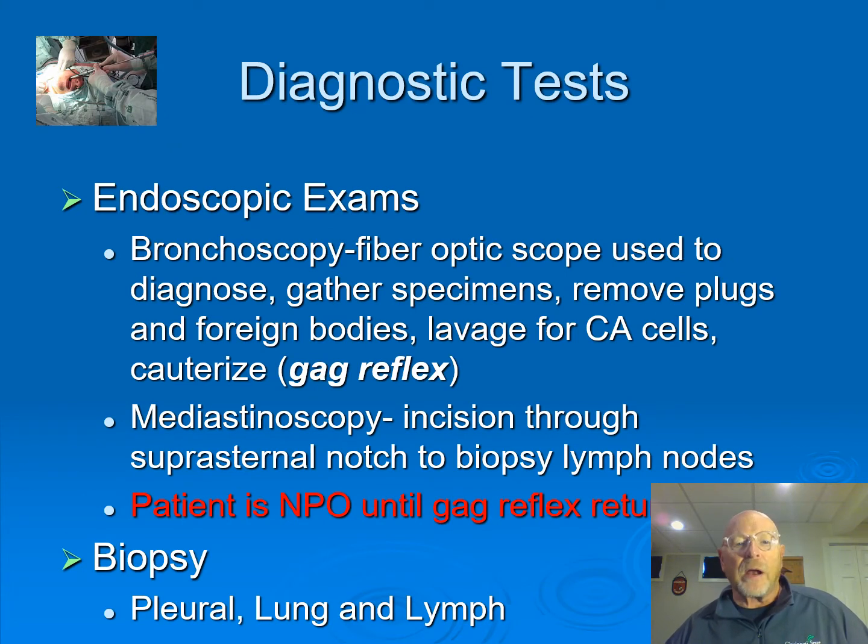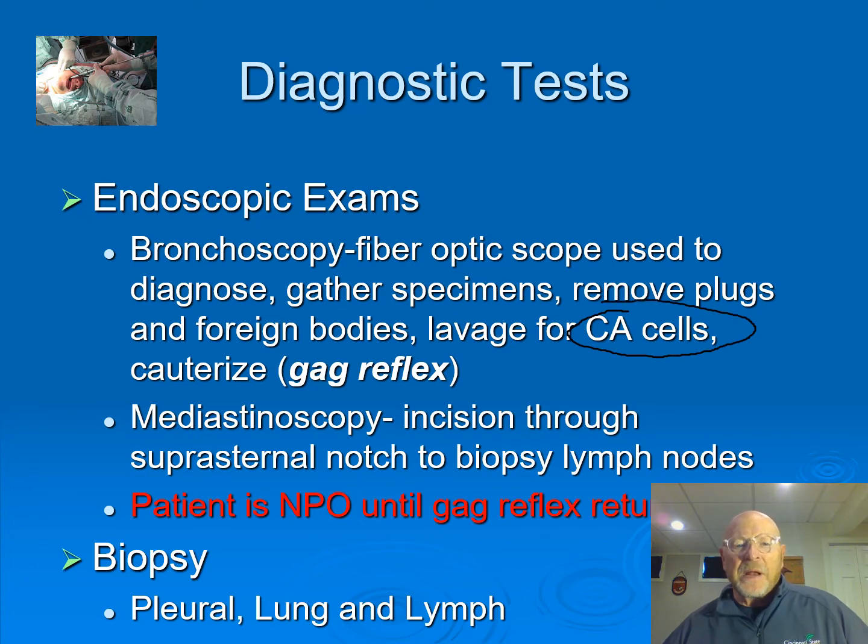Endoscopic exams, bronchoscopies, they're excellent diagnostic tools to visualize the airway. They can also remove large mucus plugs. If there's a foreign body, you can use an endoscopic exam for that. You can lavage for determination of whether or not there are some cancerous cells in the airway.